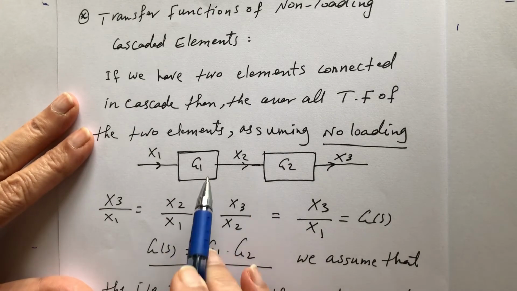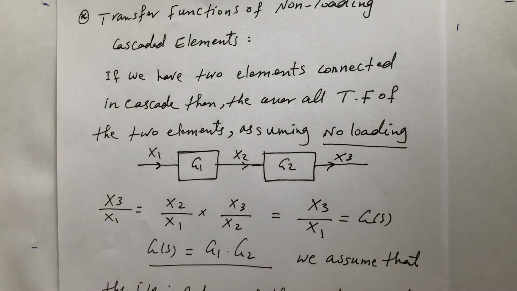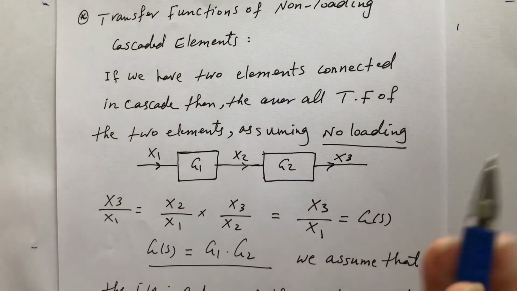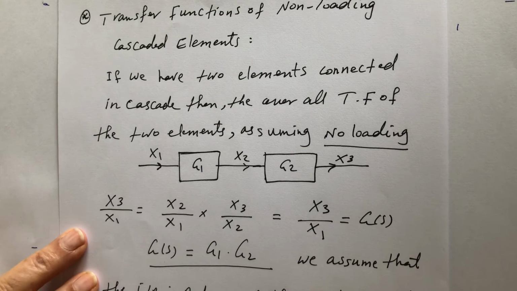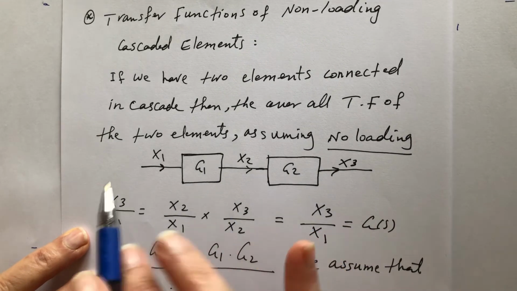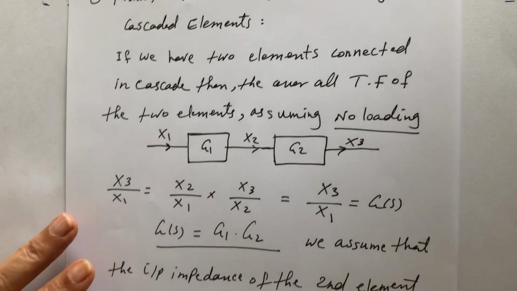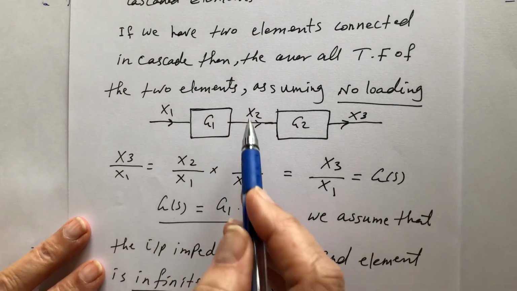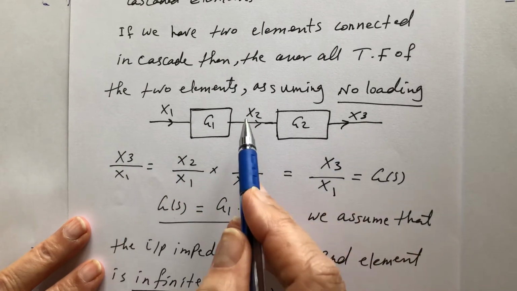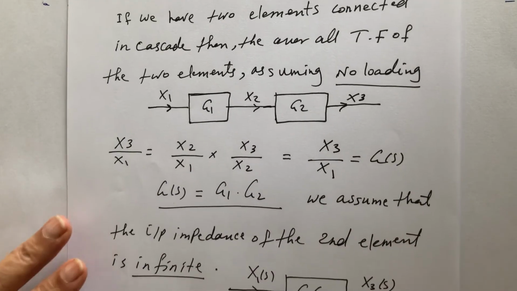That means this is a separate entity and this is a separate entity. Each one has its own transfer function without the effect of the other. If there is an effect from this on this one, then you have to take it into consideration. You know that this one is x2 over x1 and this one is x3 over x2, so the total will be G1 G2. This is what we call cascade.